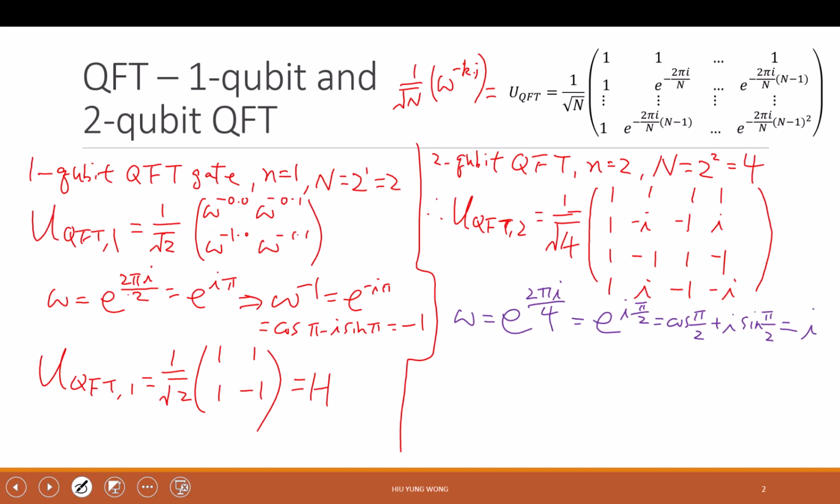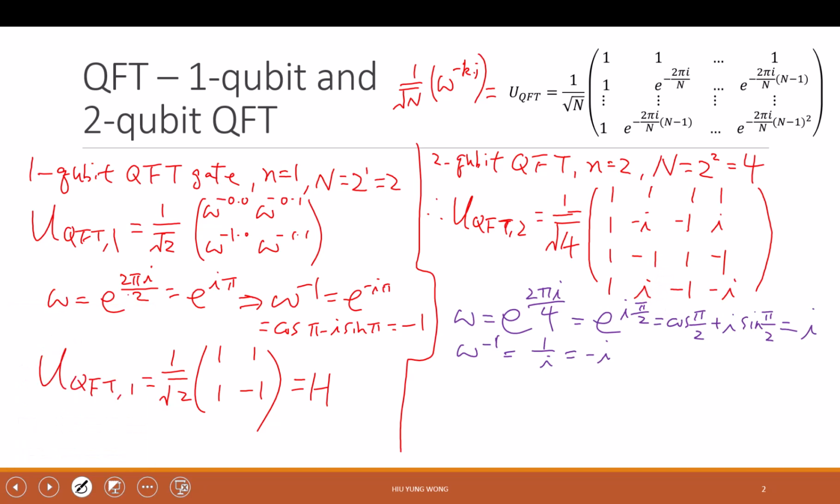And then, what is omega to the power negative 1 then? Well, 1 over i, which is equal to negative i. Right? So the reason I say this is, from here to here, here to here, this is negative. So actually, we multiply this by negative omega. Then further multiply by negative omega. Further multiply that by negative omega, right?